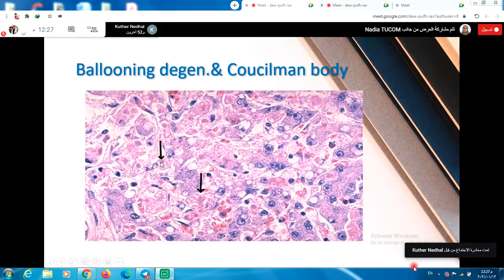And Councilman bodies are clumped or shrunken, pyknotic hepatocytes, which relate to apoptosis, a selective or programmed cell death. So in liver biopsy with injury, selective or scattered apoptotic hepatocytes can be seen, called Councilman bodies.